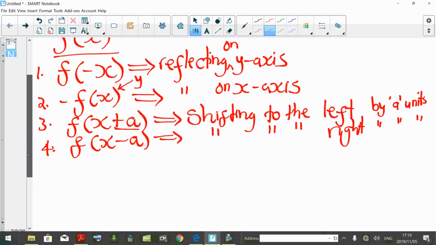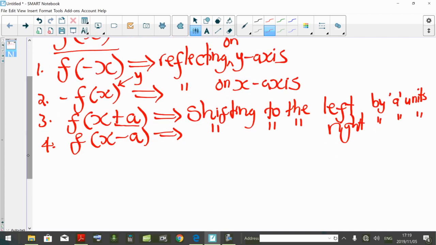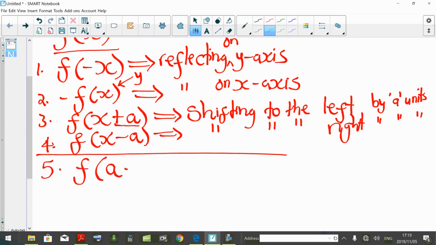We could combine two of these transformations. Take, for instance, this scenario where we have f of a minus x. Very interesting scenario. There are two transformations here, as you can probably see.